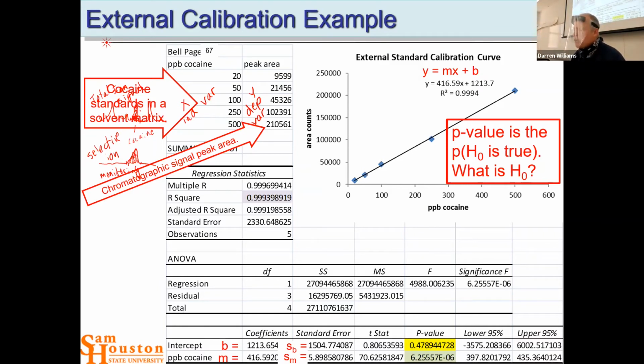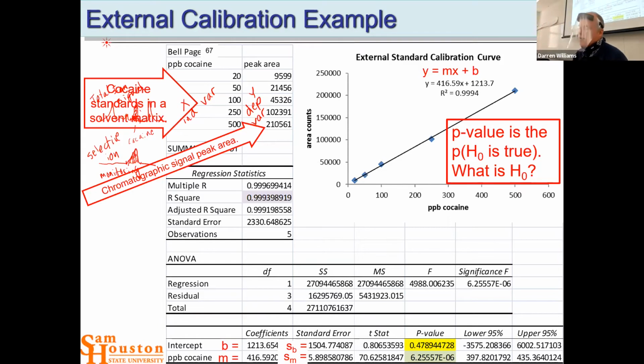Okay. Look at the M value. So that's the probability that M is 0, or not significant. It's one chance in a million that M is caused by random noise. And that makes sense if you look at that curve, that slope of that line, it really does match the data. If there's no scatter in the data that you can see and the line goes right through the points, you're going to have a significant slope.